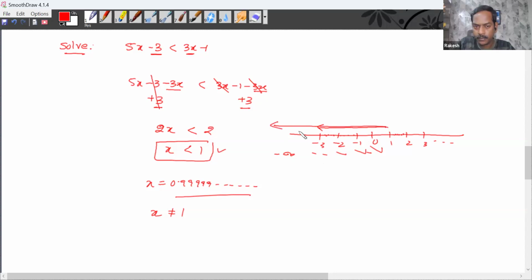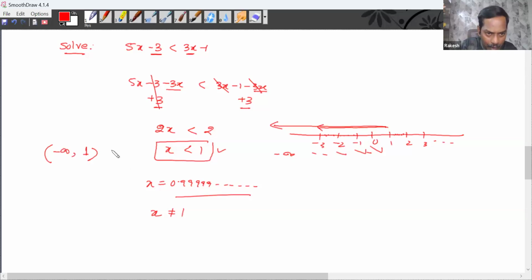There is another way of representing this. X less than 1: we can say that till minus infinity, it is a solution. So the way I can represent this is by writing those boundaries within brackets. Here I'll write 1 and here I'll write minus infinity, with a comma between.